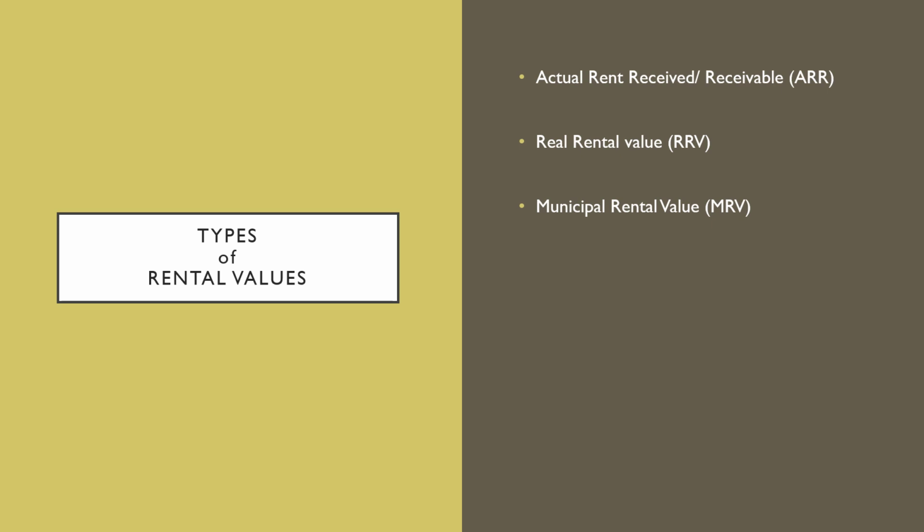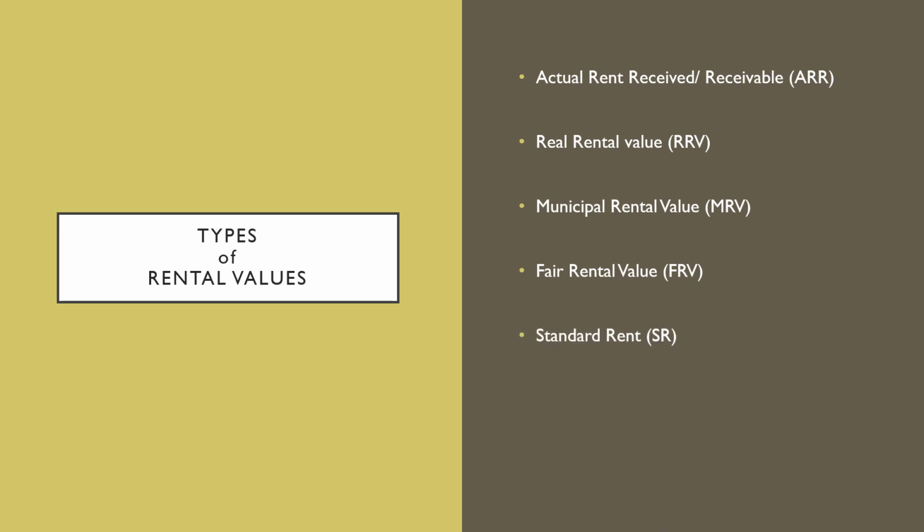MRV, the values fixed by local authority, that is municipal corporation, which serves as a basis for levying tax, is MRV. FRV, it is a rent prevailing for similar type of house in same or similar locality.